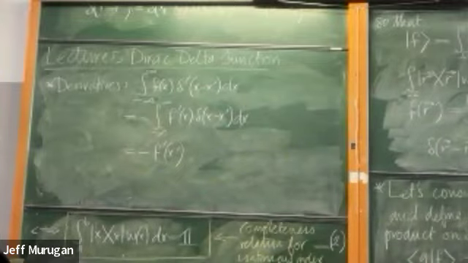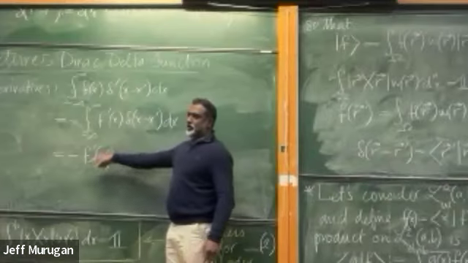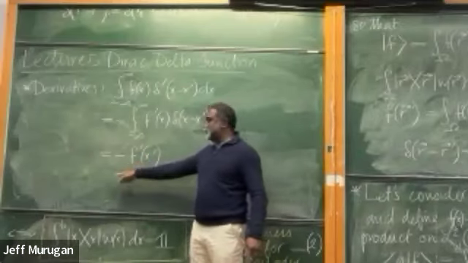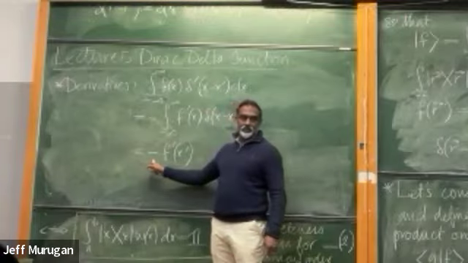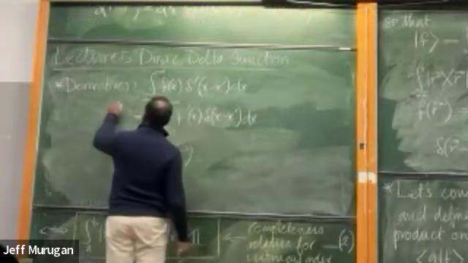Okay. The minus sign now makes sense, right? Because the delta function is an even function of x minus x prime. So I would expect that its derivative should be an odd function of x minus x prime, which is reflected in this minus sign. Okay. This here comes from integration by parts.